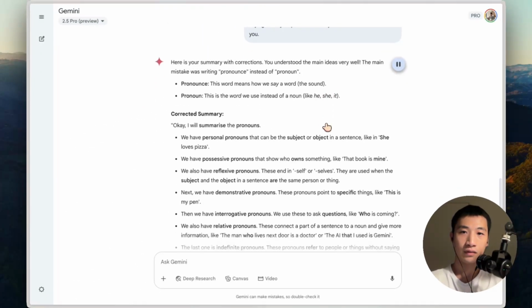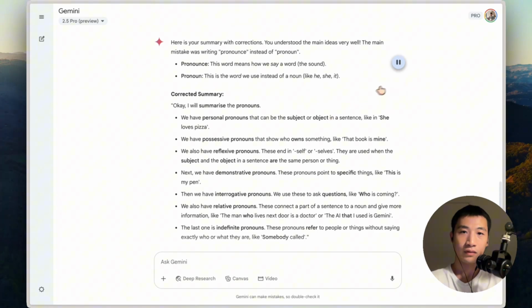Corrected summary. Okay, I will summarize the pronouns. We have personal pronouns that can be the subject or object in a sentence, like she loves pizza.